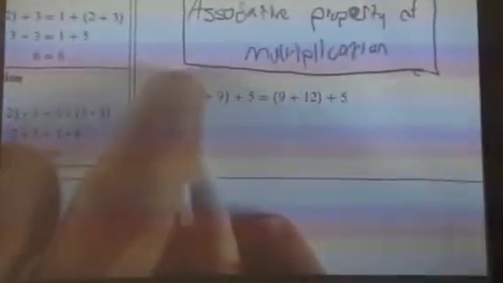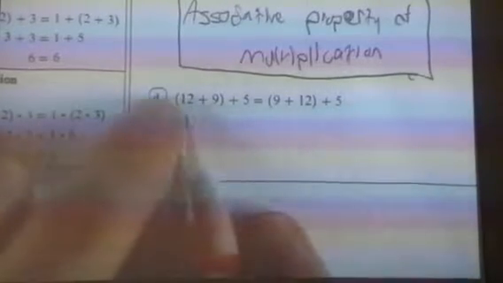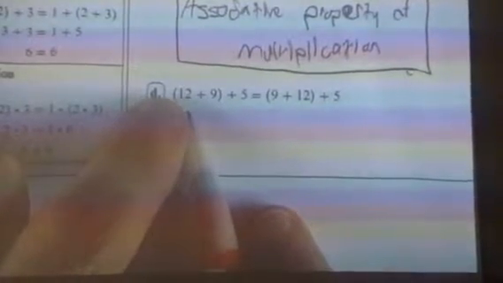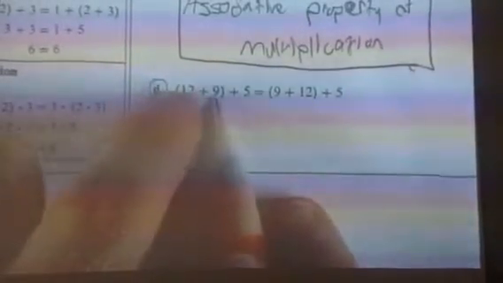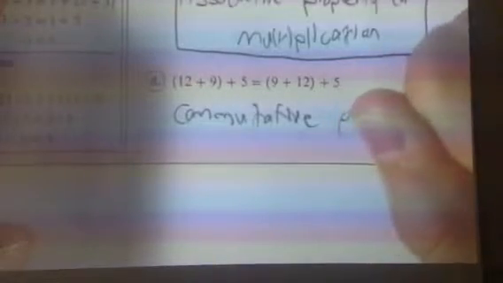Now let's check here. I've got 12 plus 9 plus 5 equals 9 plus 12 plus 5. So it may look like associative property because you see these parentheses, but what changed here was not the grouping. 12 and 9 are still grouped together. What changed is the order of the 12 and the 9. You flip the order of the addends between this one and this one, so that is not the associative property, that is the commutative property of addition.